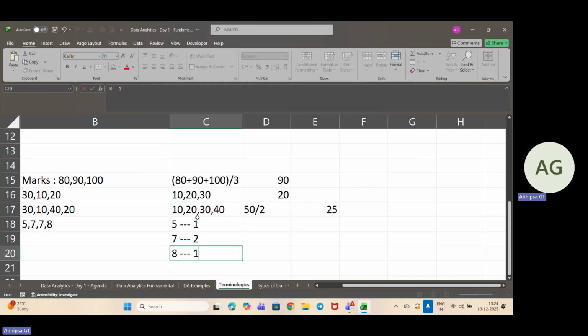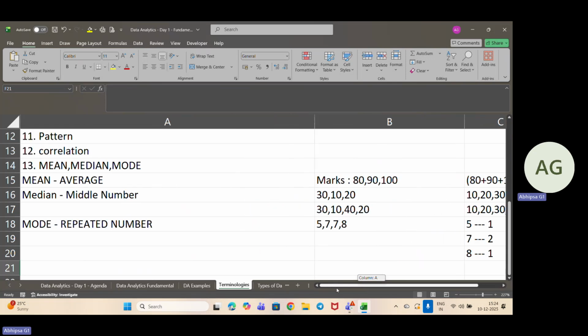Now comparing the counts of each number, we see that 7 is repeated twice, right? So my mode value would be 7. Okay, so this is how we need to calculate the mean, median, and mode.